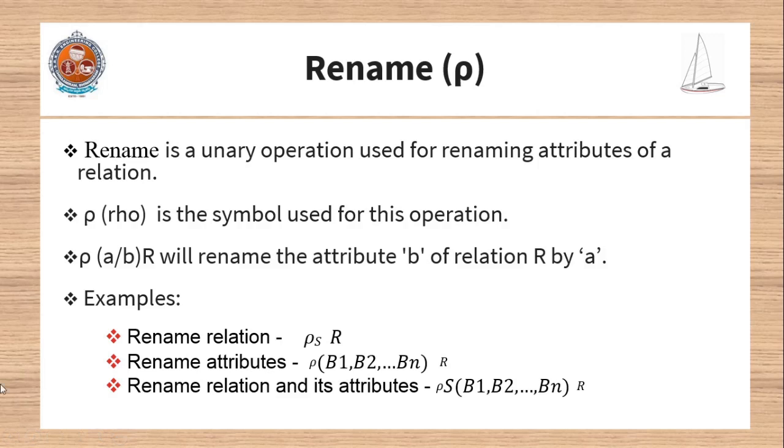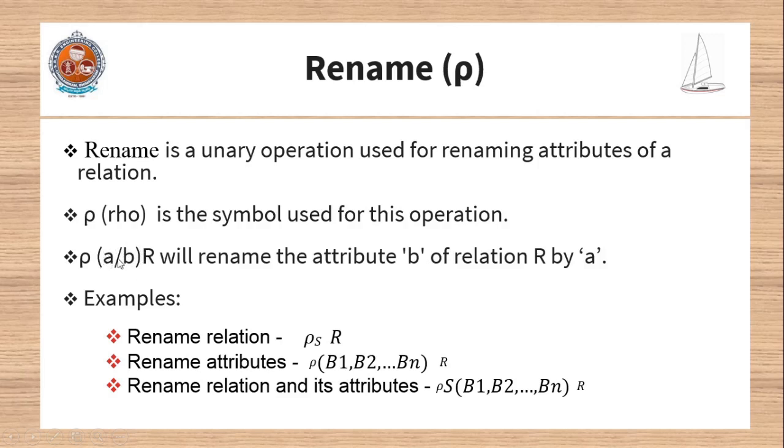See here, the syntax explained is rho A by B, which means we want to replace the name of the attributes B with the name A in the relation R. In relation R, the name of the attributes are being B, but in the output we want them to be displayed as A.